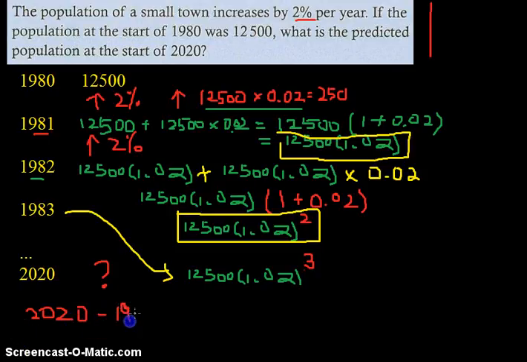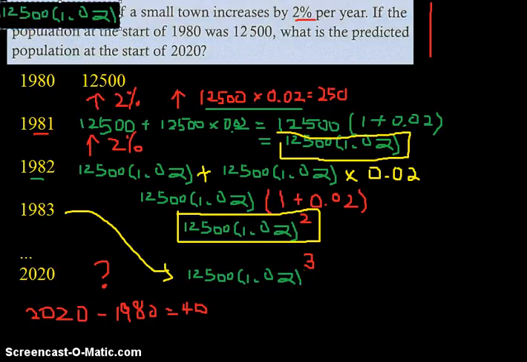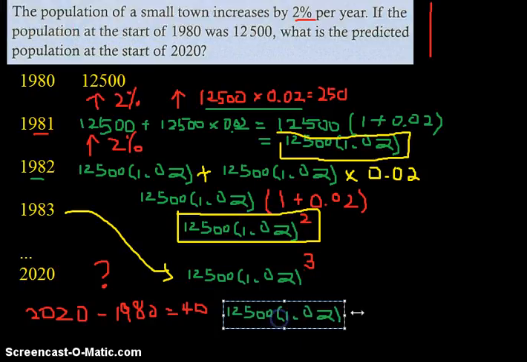Right, after 40 years. Okay, so I'm just going to put that in my expression. The population would be 12500 times 1.02 to the power of 40, and you put that in your calculator.